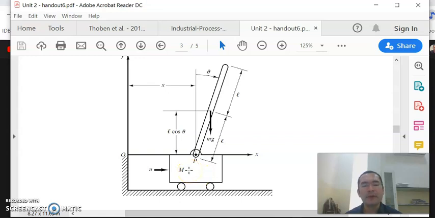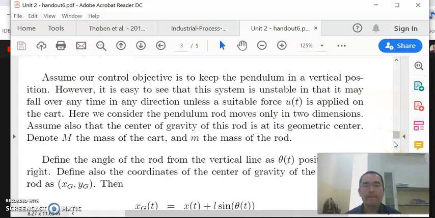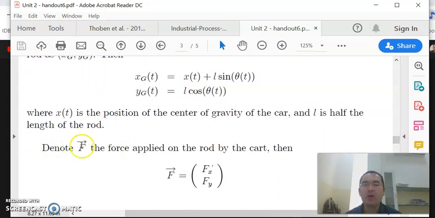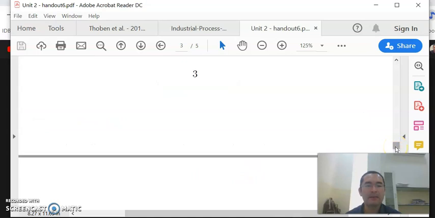And the other force that is being applied on this mass is the force applied by the rod on the cart, and that is equal but opposite to the force that the cart applies on the rod. We have seen this several times. So denote F the force applied on the rod by the cart.